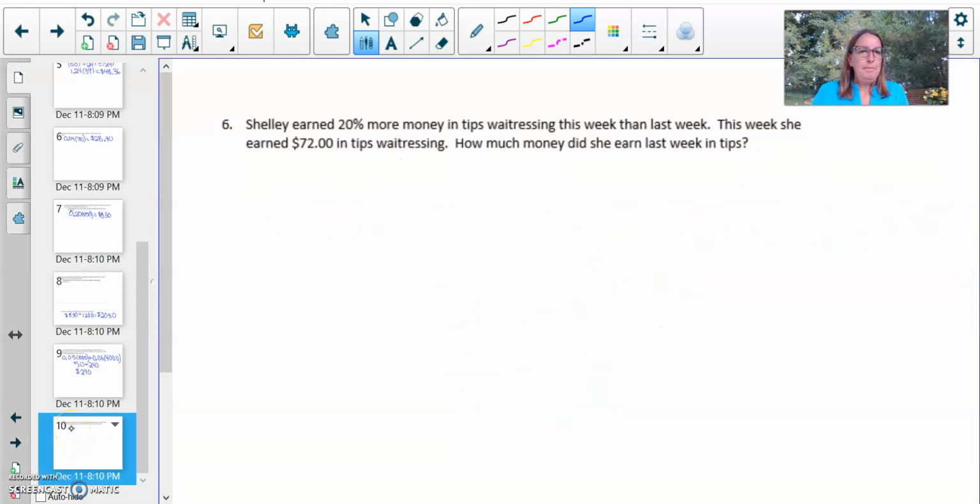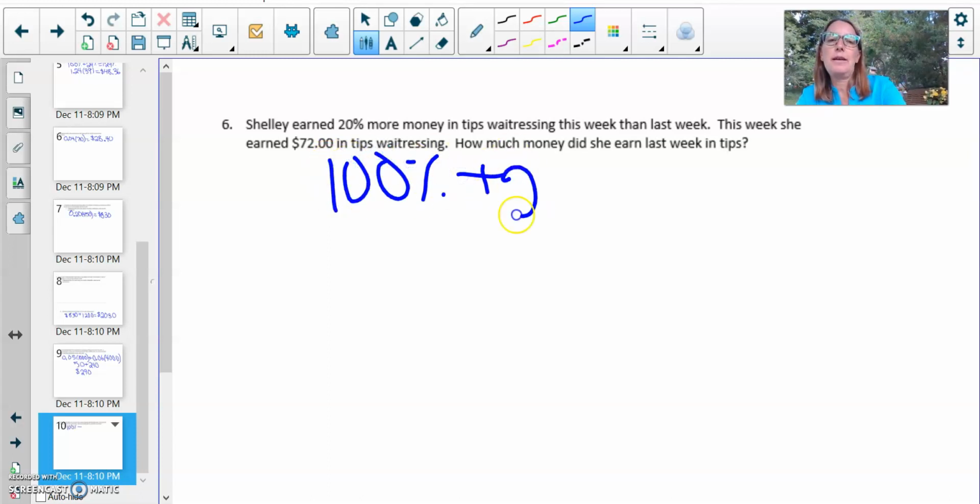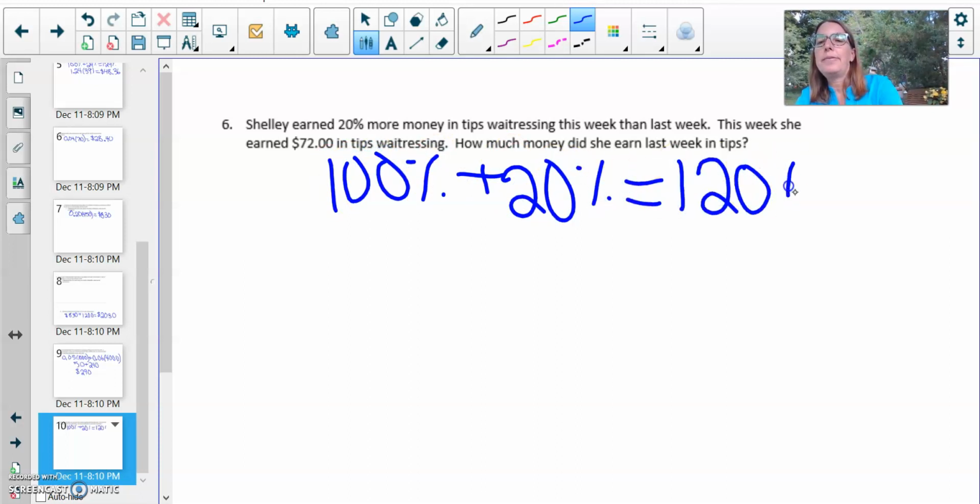Our last example, Shelley earned 20% more money in tips waitressing this week than she did last week. This week she earned $72 in tips waitressing. How much money did she earn last week in tips? So 20% more means I would take 100% of last week plus another 20%. So it's really 120%.